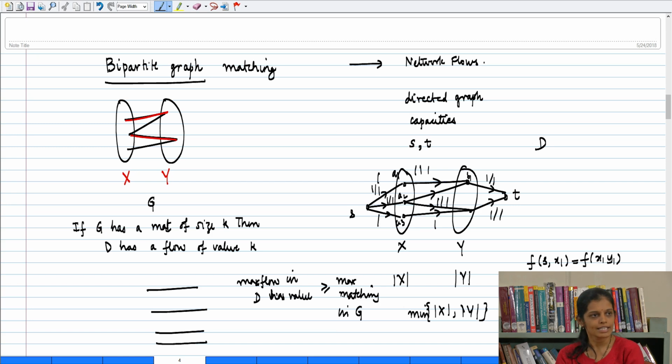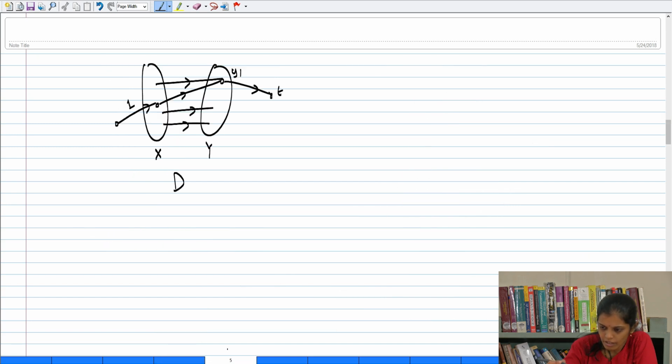So let us analyze the running time of our Ford-Fulkerson method on this modified flow network, right. And we have already done much of the analysis so that we can just plug in values now. So we said that the Ford-Fulkerson method runs in time value of f star times m plus n.